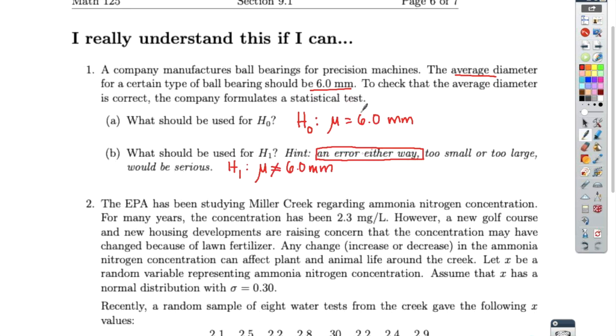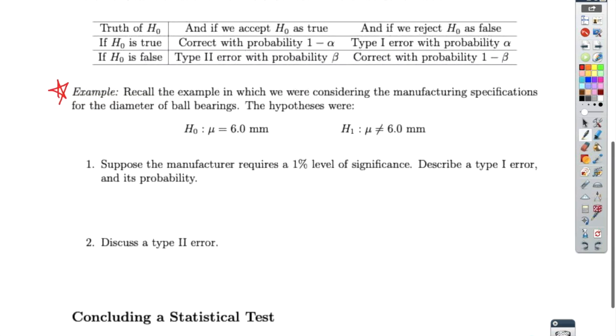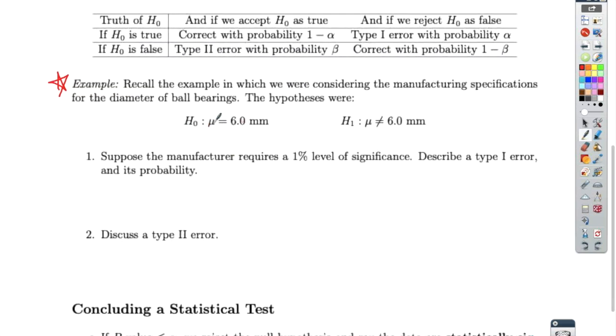Okay, so keep those in your head, and now let's go back to the example on the previous page. We've got our null hypothesis here, and our alternate hypothesis here. Suppose the manufacturer requires a 1% level of significance. The level of significance is just called alpha.